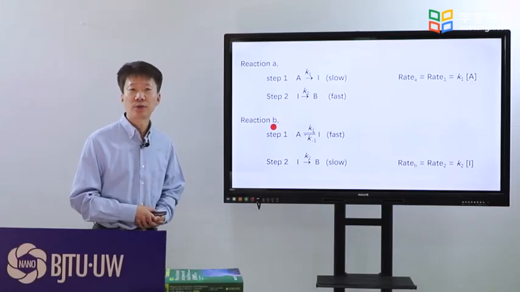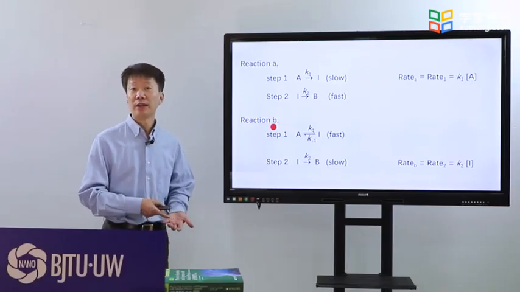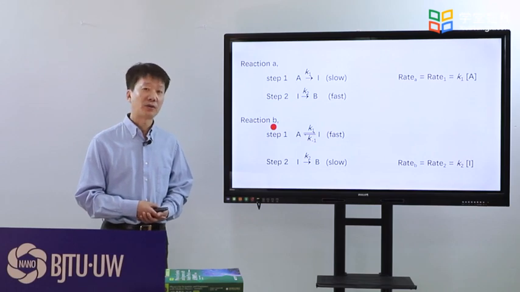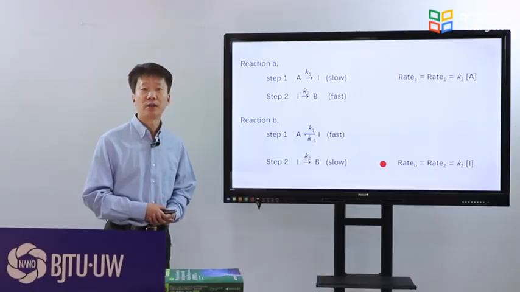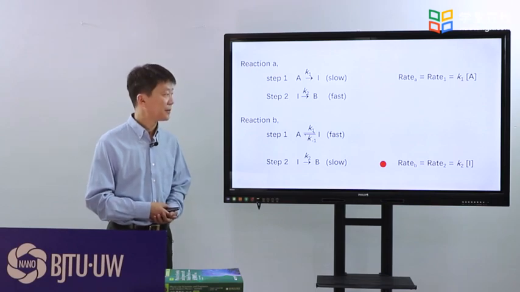The rate of step 2 is equal to the rate of overall reaction. Then we have rate B equals the rate of step 2 equals K2 times the concentration of I.